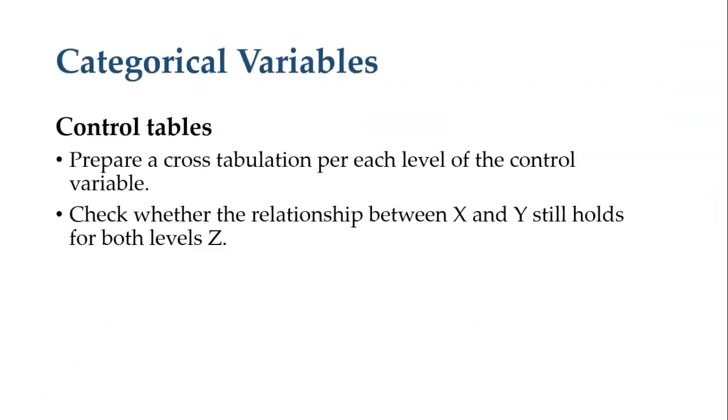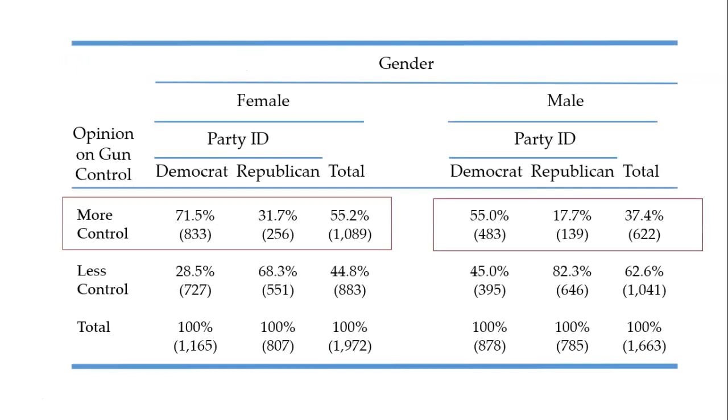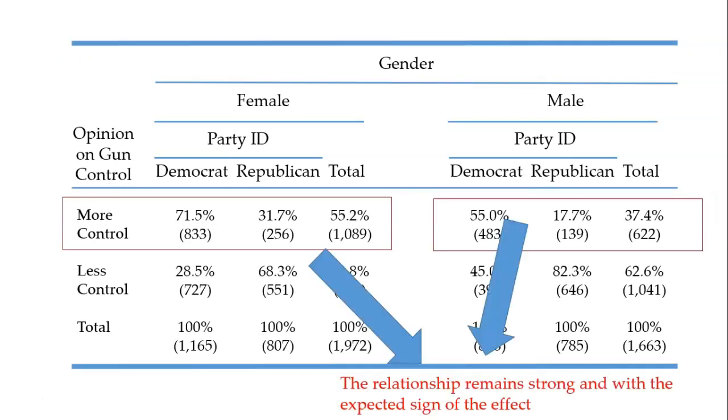And what we want to do is to check whether the relationship between x and y still holds for both levels of c, right? So we can see here that the relationship still holds because female Democrats tend to support policies of more gun control than Republicans, as male Democrats do the same more than male Republicans.